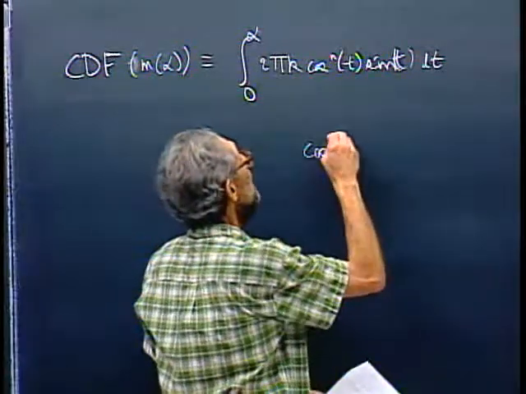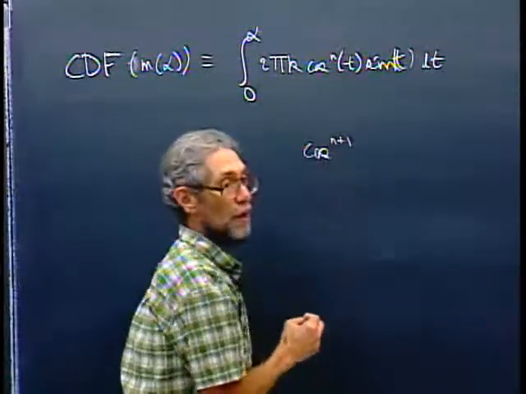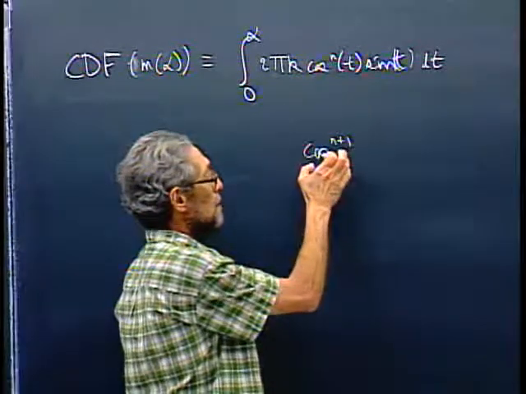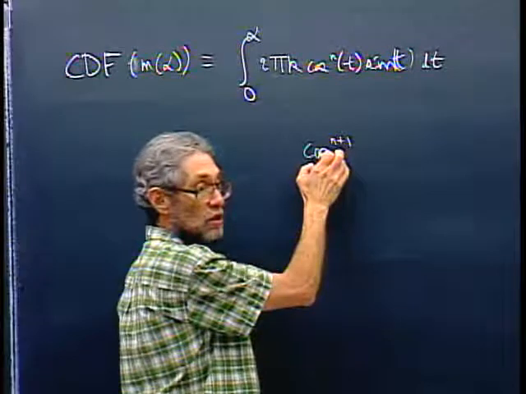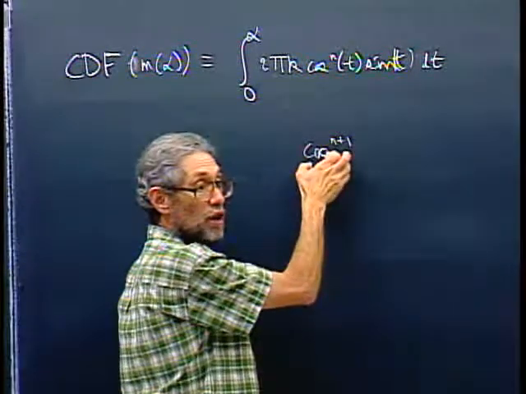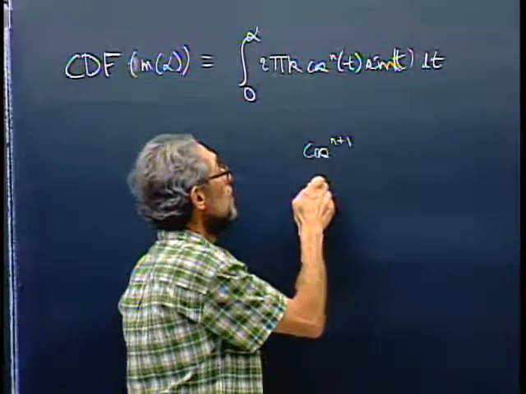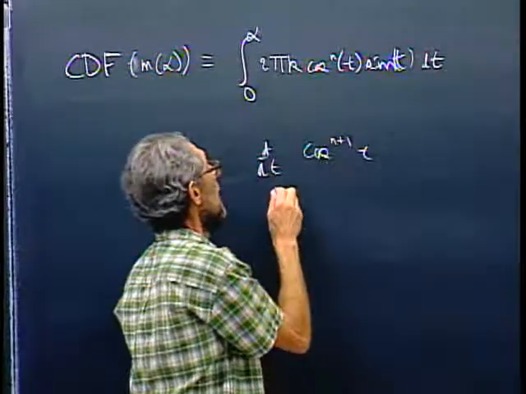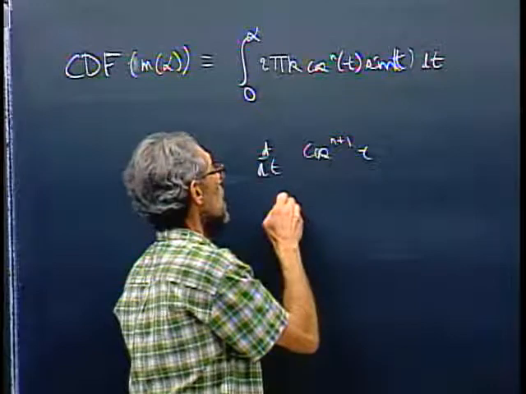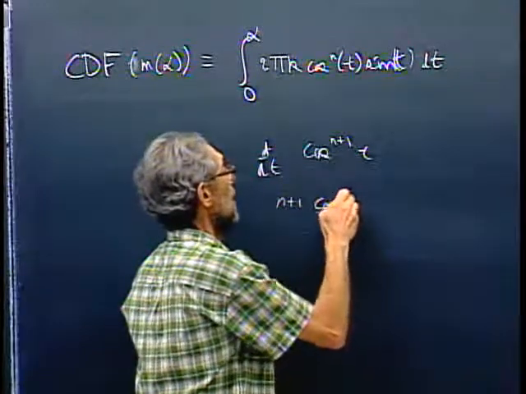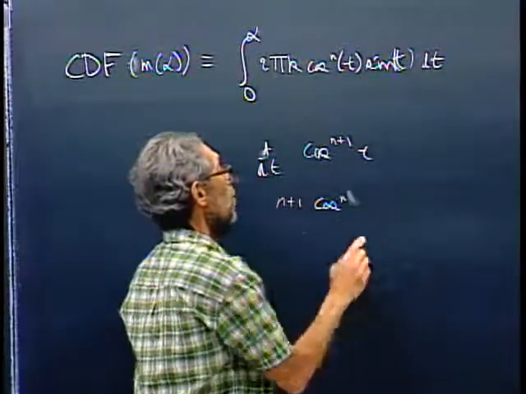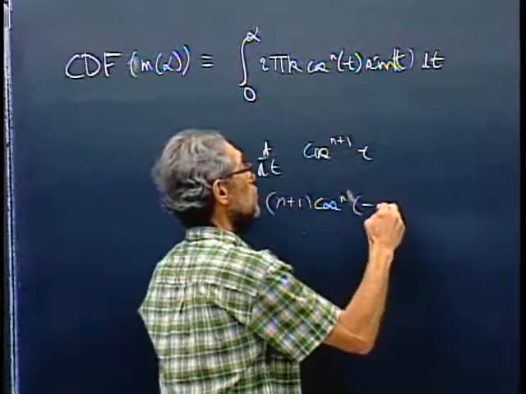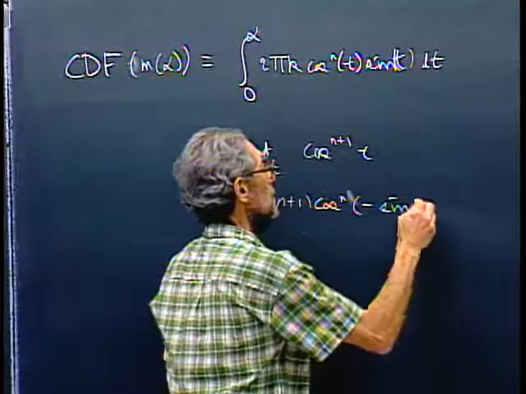If you look at cosine to the n plus first power and take its derivative, you'll get, by the chain rule, since it's a function of a function, an exponent of a cosine, n plus 1 cosine to the nth power, one power less, times the derivative of this, which is minus sine t.